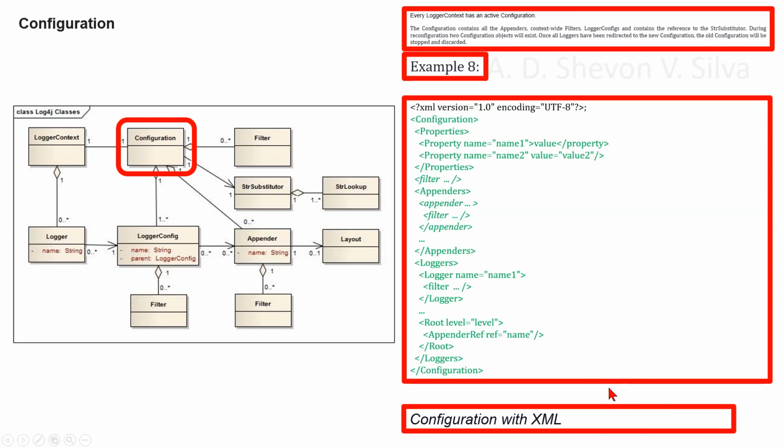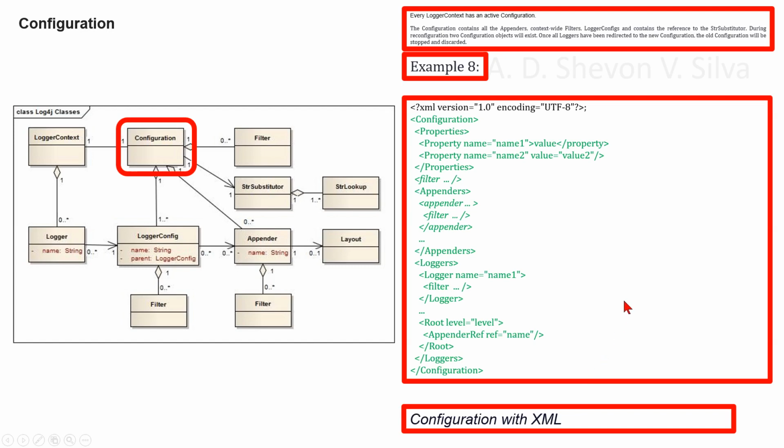As an example 8, we are considering configuration with XML. Log4j can be configured using two XML flavors, concise and strict. This is concise. The concise format makes configuration very easy, as element names match the component they represent.